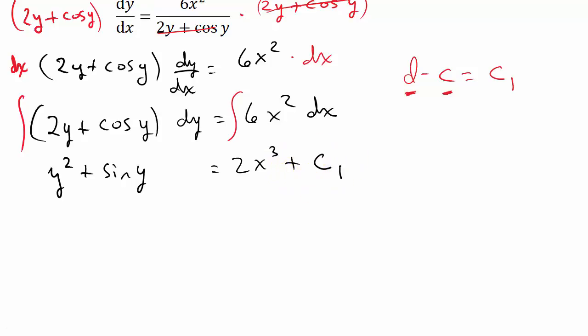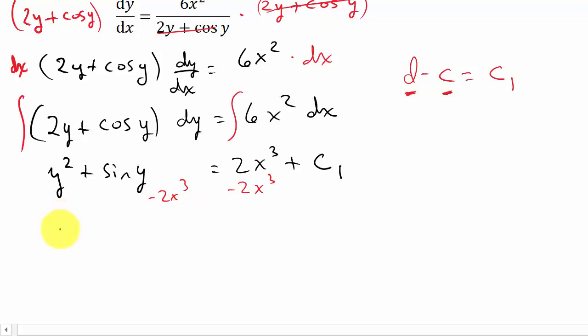So let's subtract the 2x cubed from both sides, and that's going to give me y squared plus sine y minus 2x cubed equals c1.